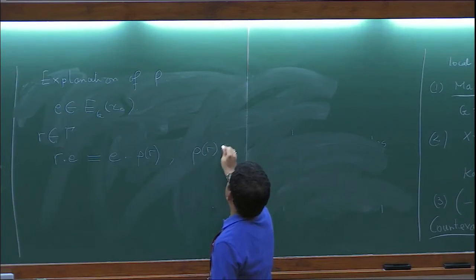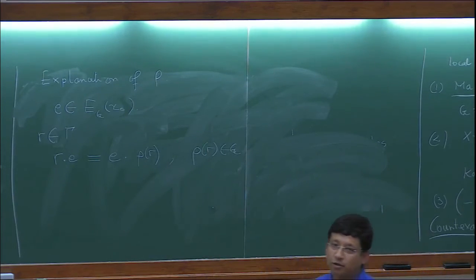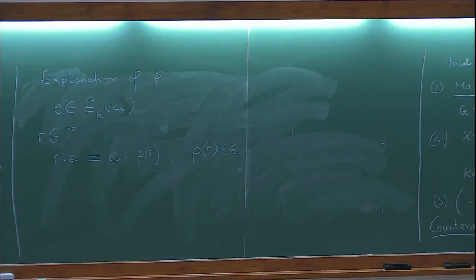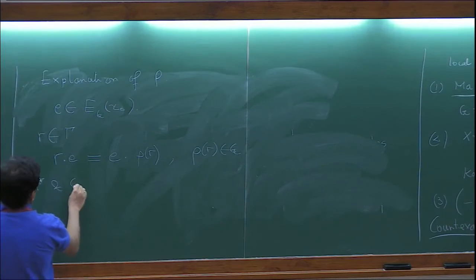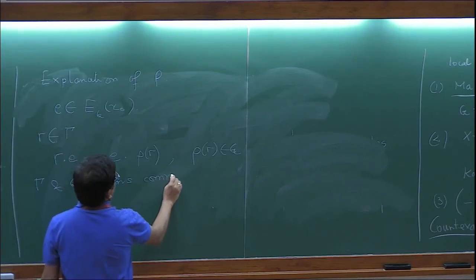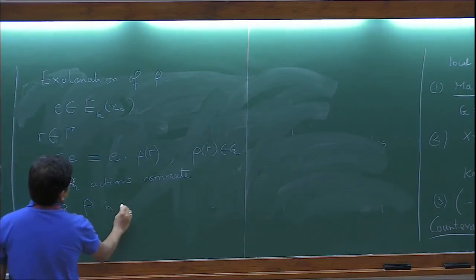This element is in G. And then you can easily show that rho is a homomorphism, which follows from the fact that the gamma action and the G action commute.